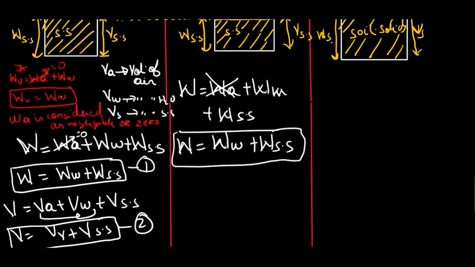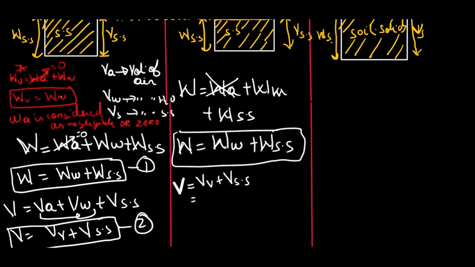Now in this fully saturated case, if I talk about the total volume of soil sample, the total volume will be equal to volume of voids plus volume of soil solids.